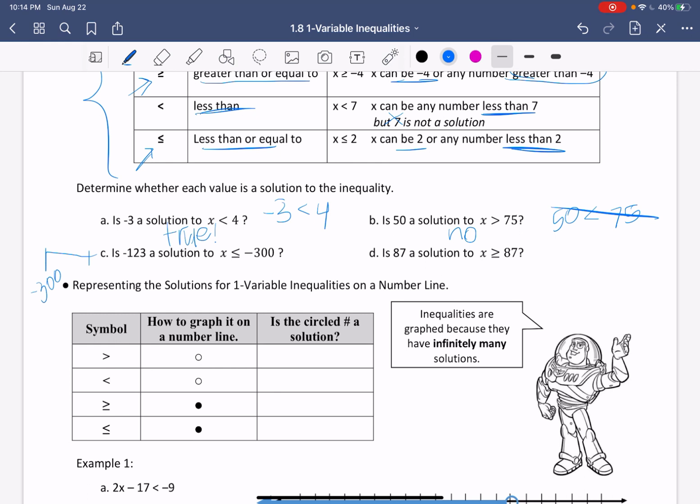So is negative 123 a solution? It is not a solution, right? If you picture that number line in your head, negative 123 is not less than or equal to negative 300.